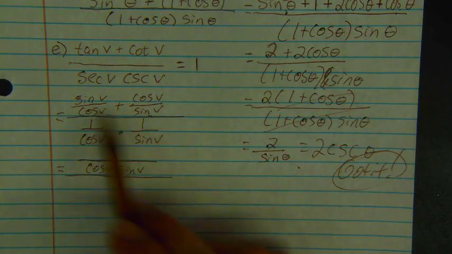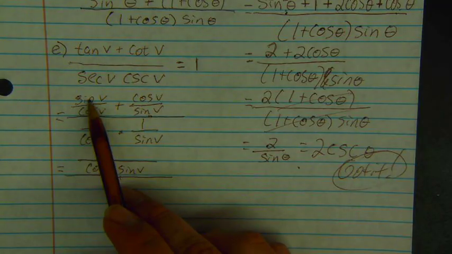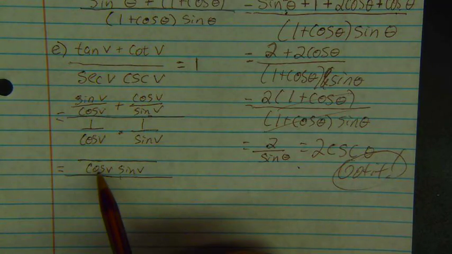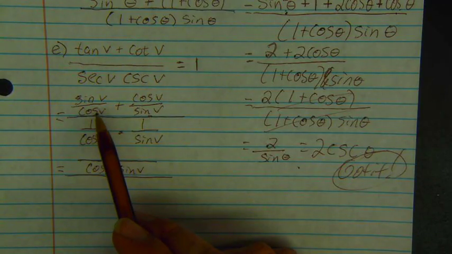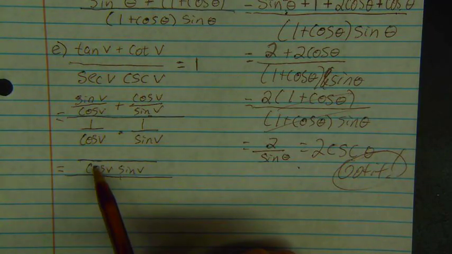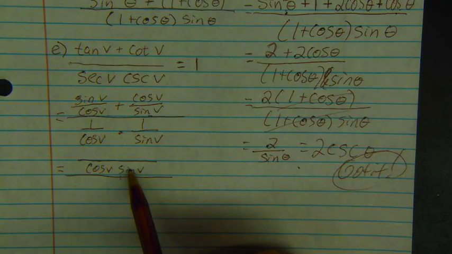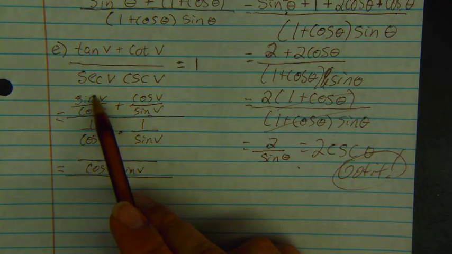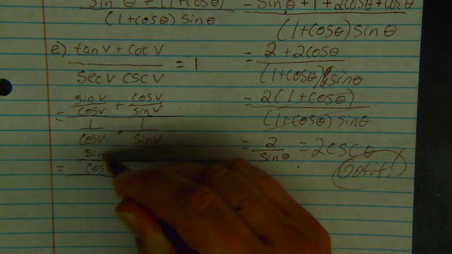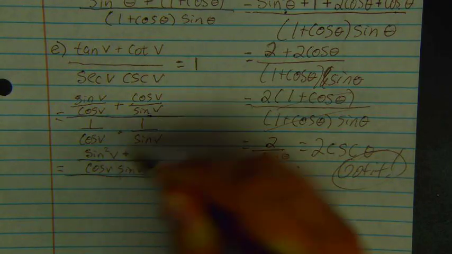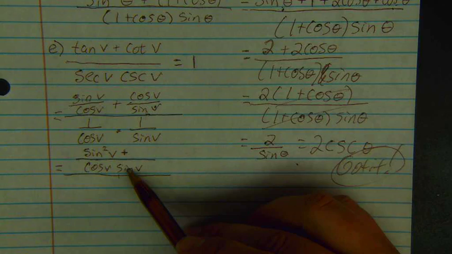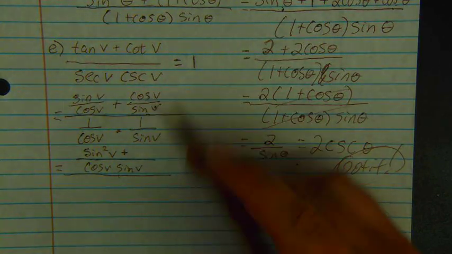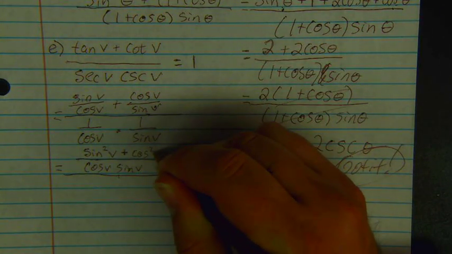So here it was sine V. Now it's cosine V, sine V. So it was cosine. Now it's cosine sine. So they multiplied by sine, so we need to multiply the top by sine. Sine squared V plus, same thing here, they went from sine to cosine sine, so they multiplied by a cosine. We need to do the same, cosine squared V.